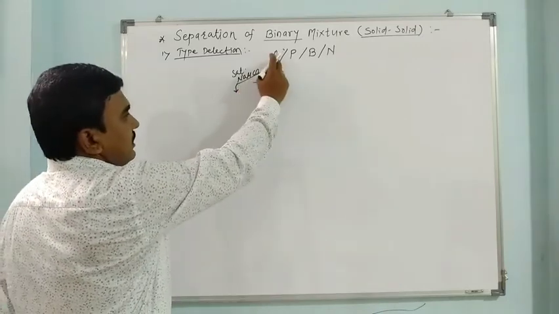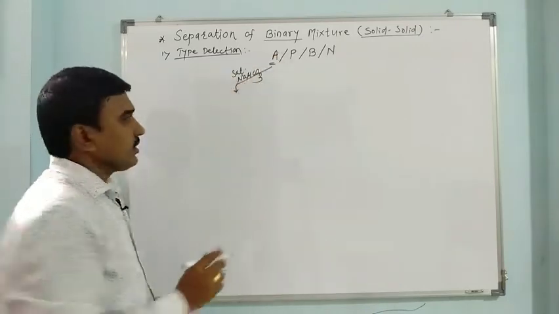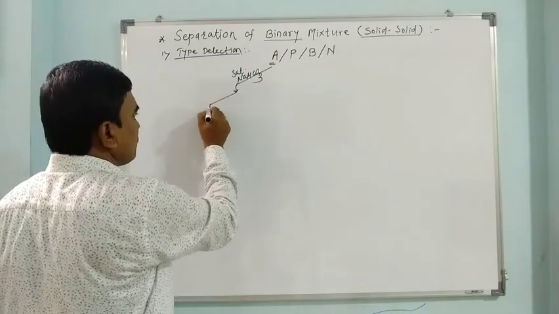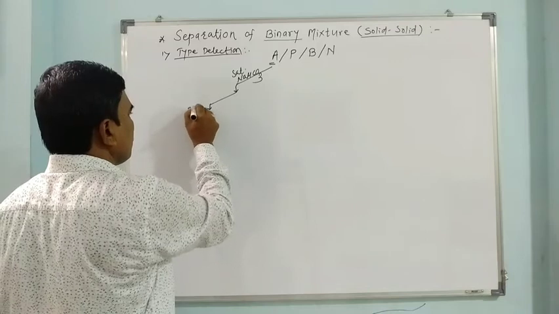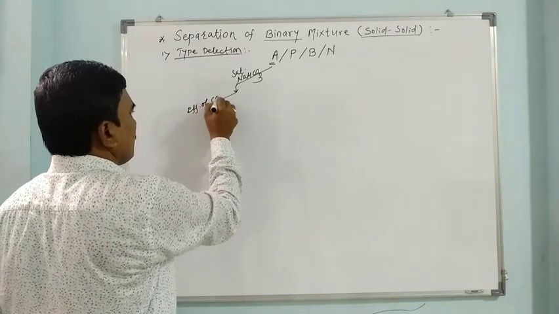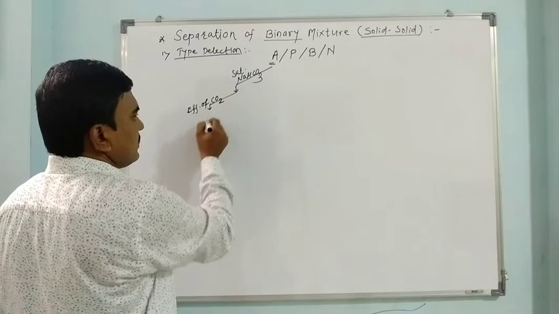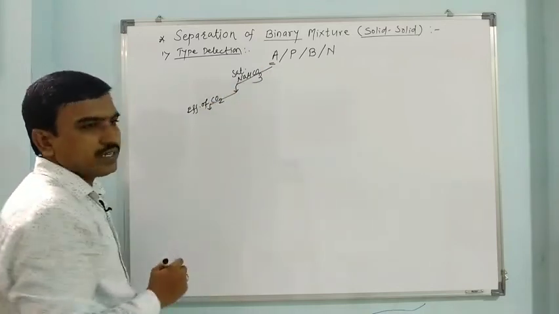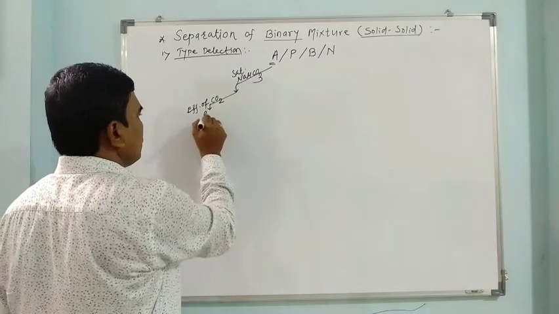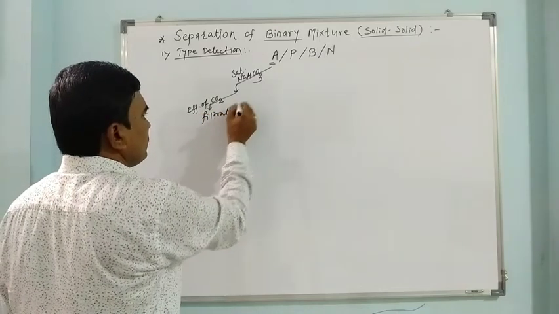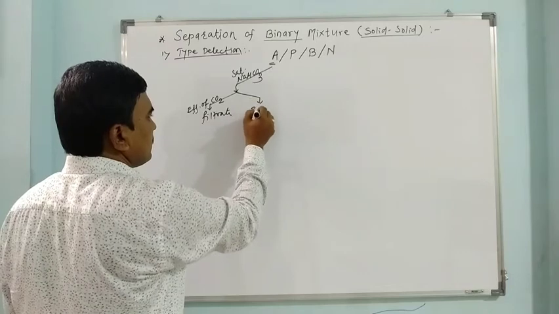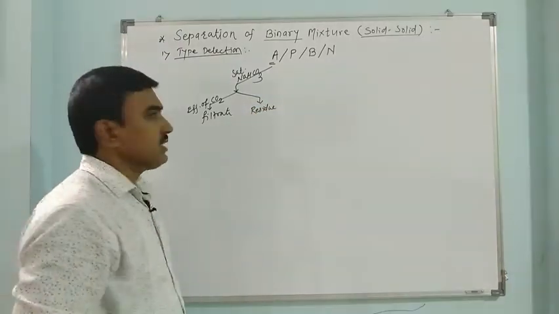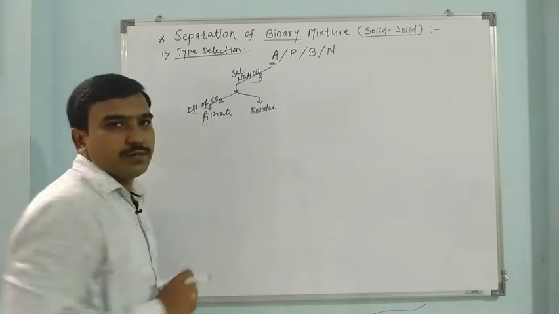When the acid reacts with sodium bicarbonate, it releases carbon dioxide gas, so there is an effervescence of CO2, and the acid goes into the filtrate. Then we filter it. The acid dissolves in the sodium bicarbonate and we get a filtrate and a residue. If carboxylic acid is there, it comes in this filtrate.